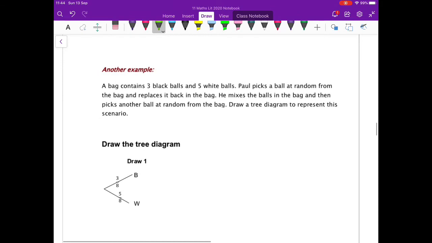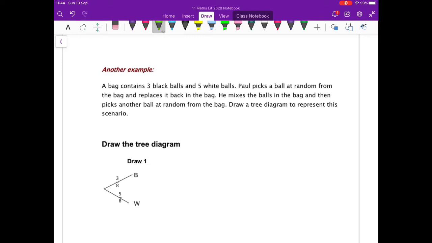Let's look at another example that is not as cluttered. A bag contains 3 black balls and 5 white balls. Paul picks a ball at random from the bag and replaces it back in the bag. He mixes the ball in the bag and then picks another ball at random from the bag.